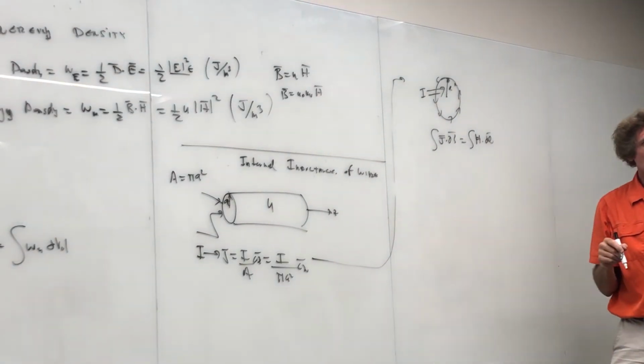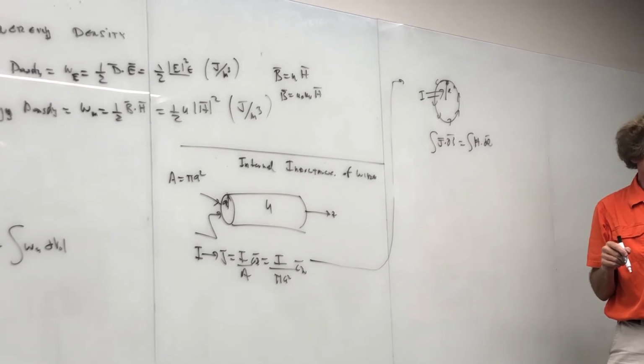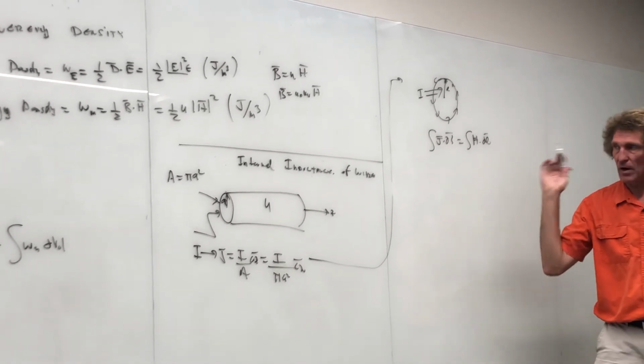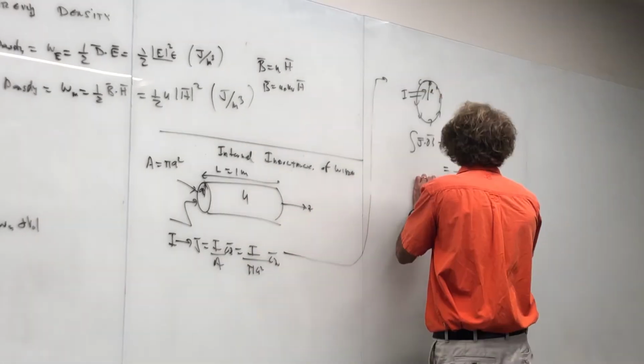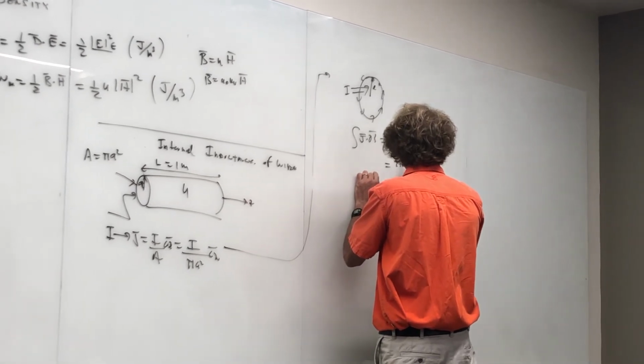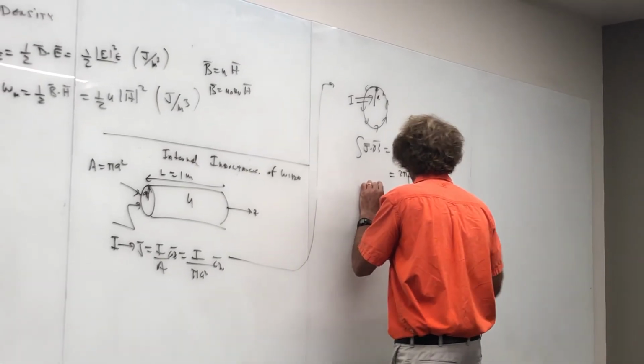Do you follow me on this? We've done this problem. This is a long infinite wire. I'm looking at a section that automatically breaks down to 2 pi rho H phi. Do you agree?